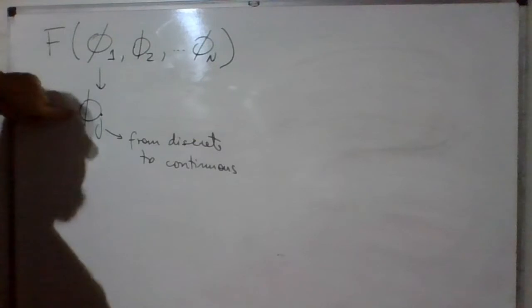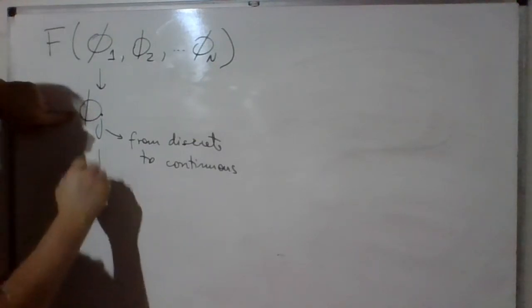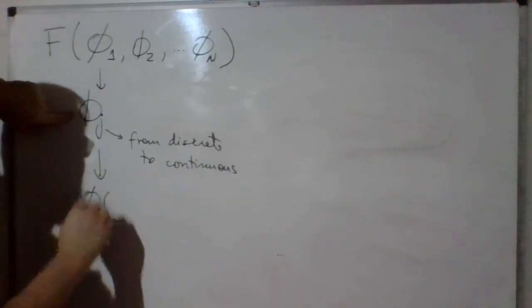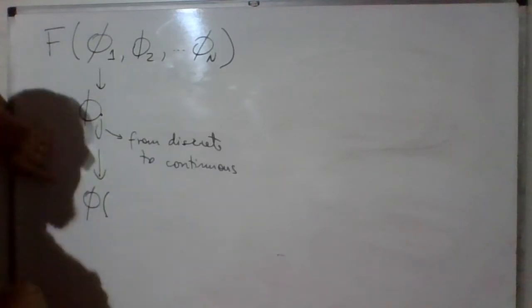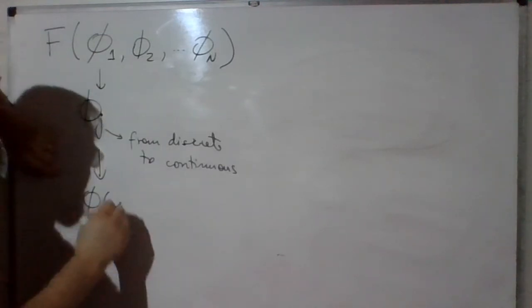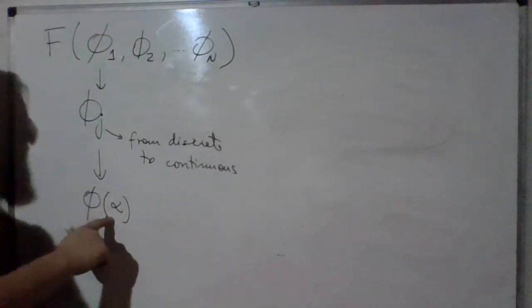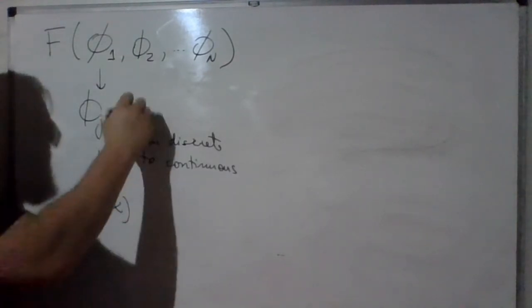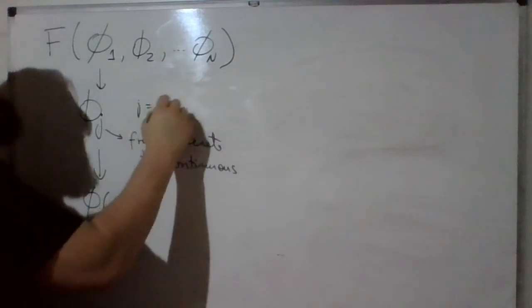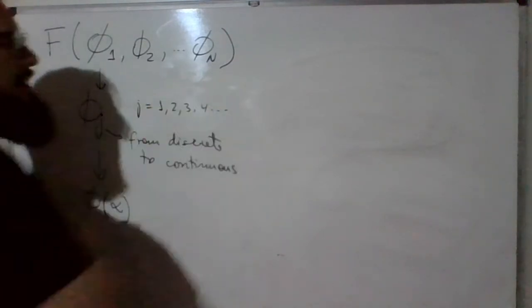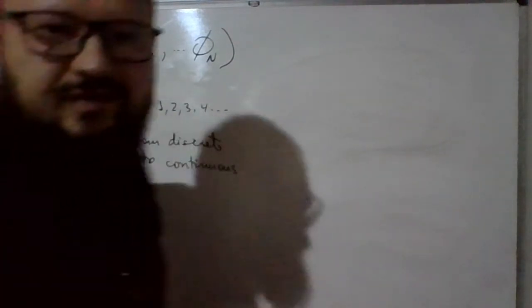This way, these phi j's become a function of some alpha parameter, which assumes values in a continuum. So j is 1, 2, 3, 4, and so on. Perhaps you could use negative indexes also.